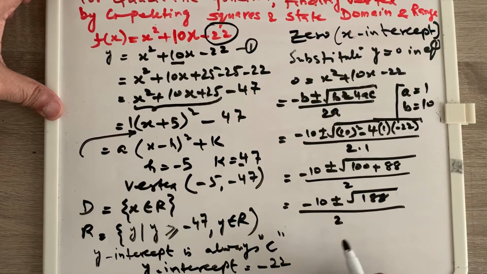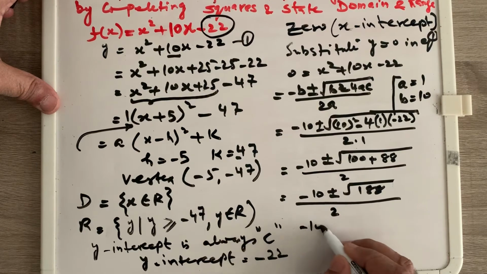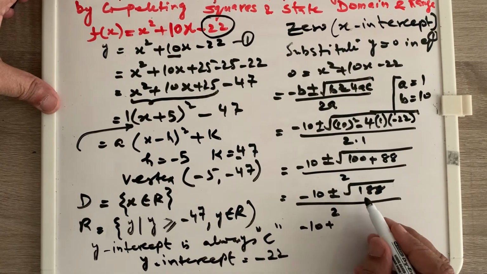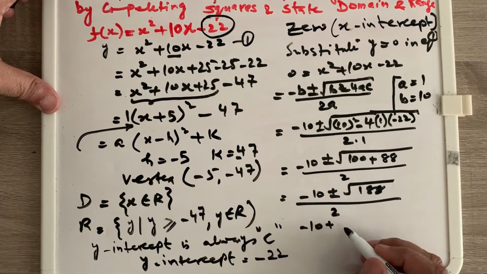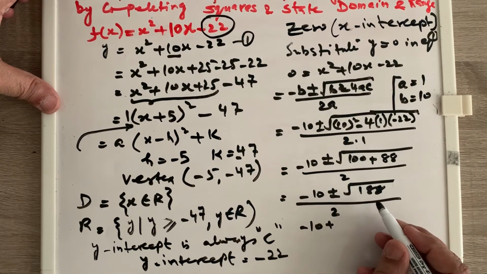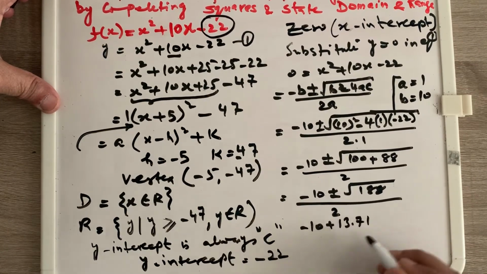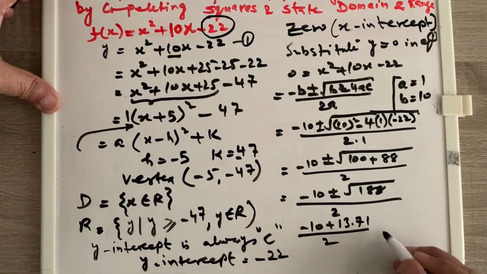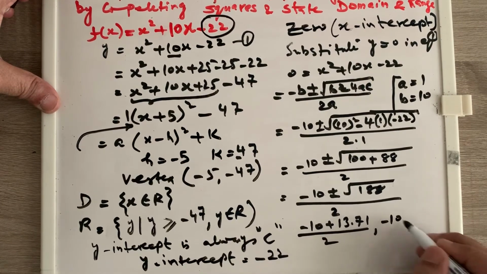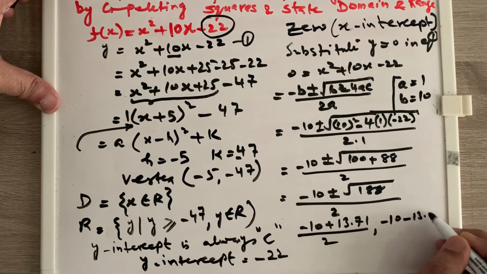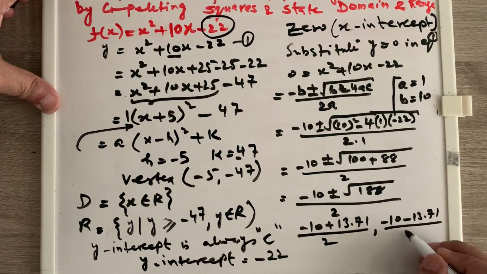So I have two roots: minus 10 plus 13.71 divided by 2, and the other root will be minus 10 minus 13.71 divided by 2.